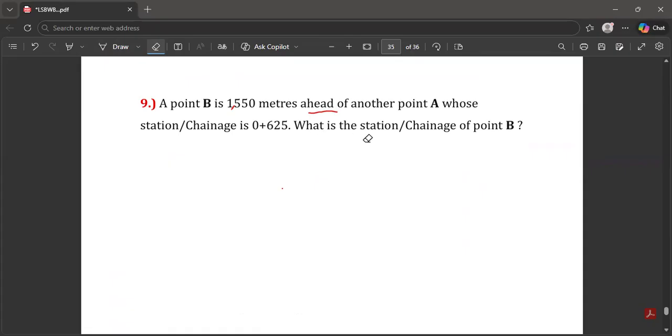Ahead is a punchline, you see, it's a keyword. What is the station of point B?